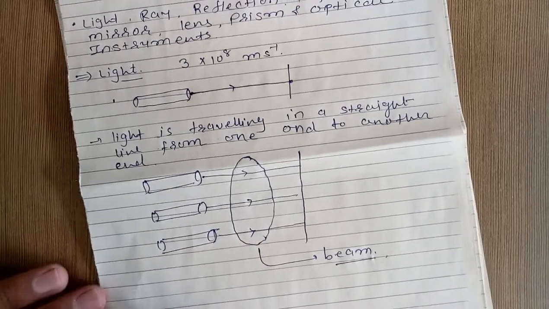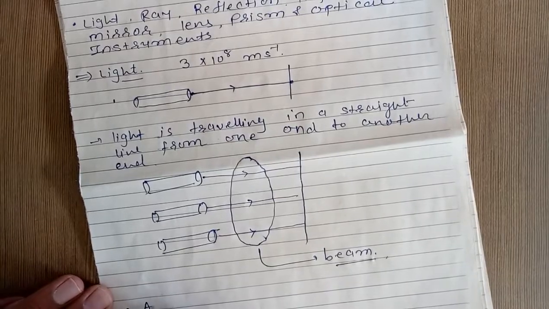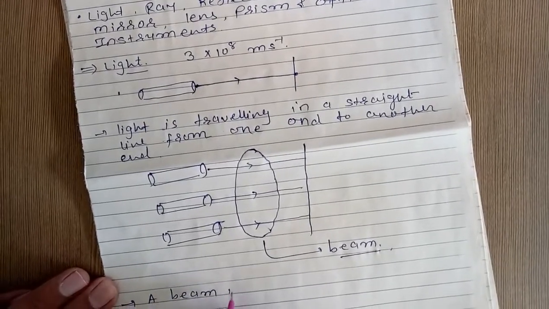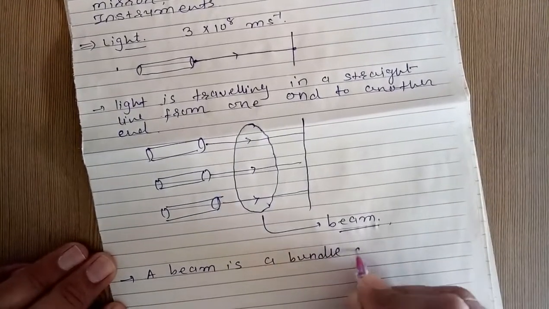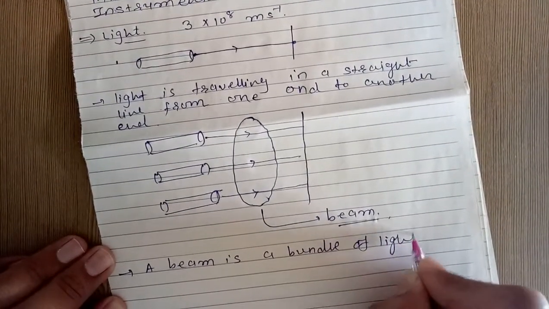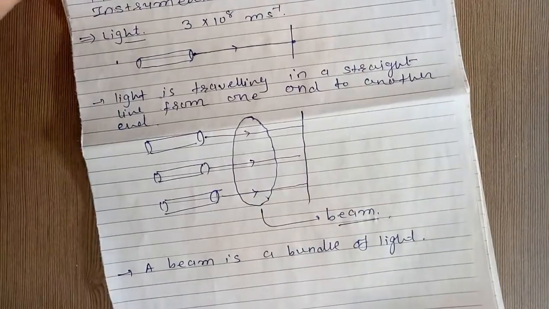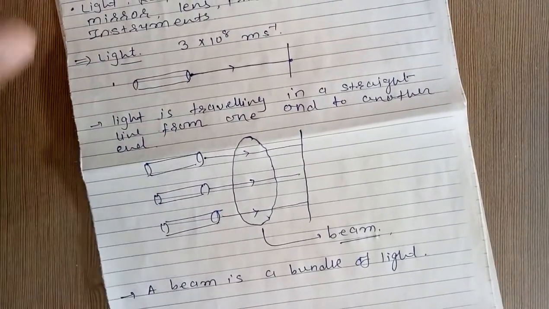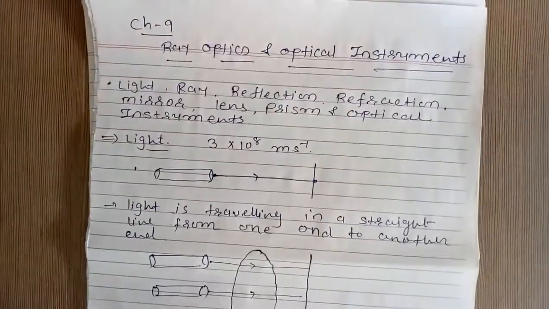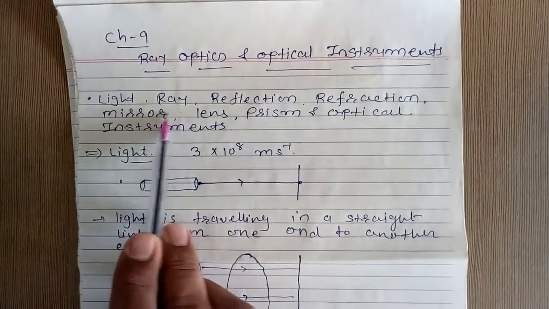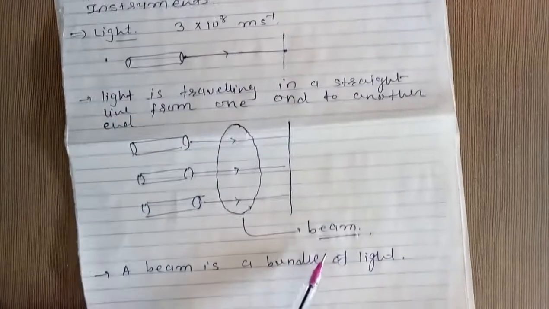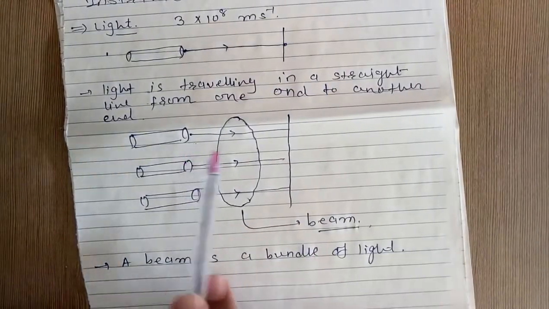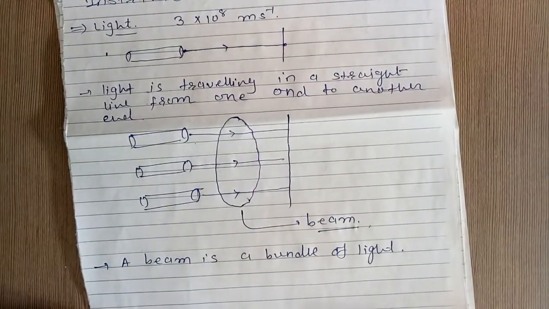So we can write that a beam is a bundle of light. Okay, so this is the basic of light. Now the question is, what is a ray? We can say that the path of light is known as a ray.